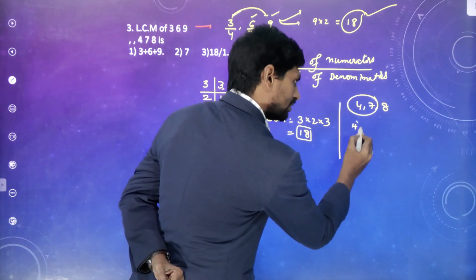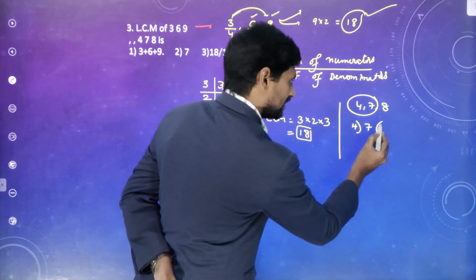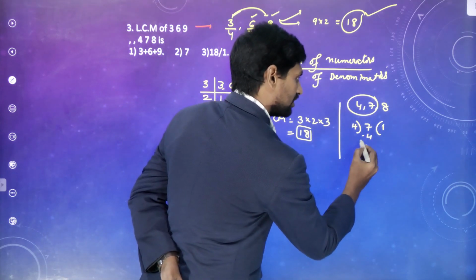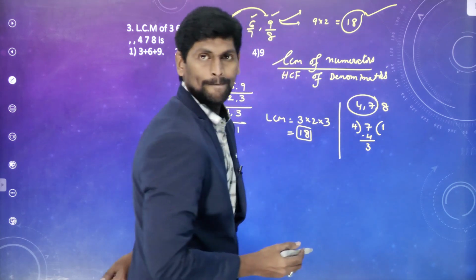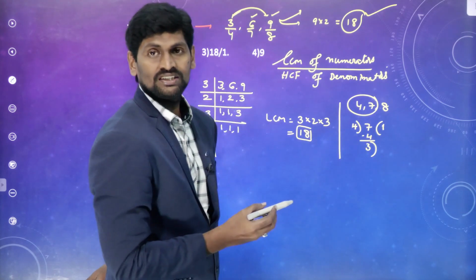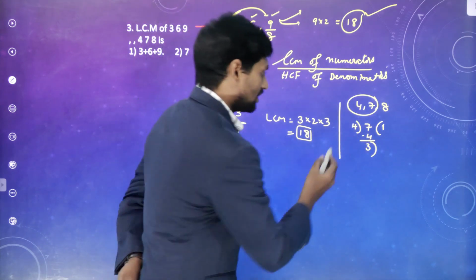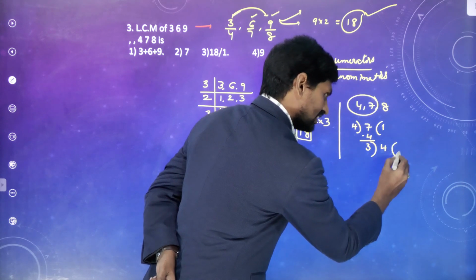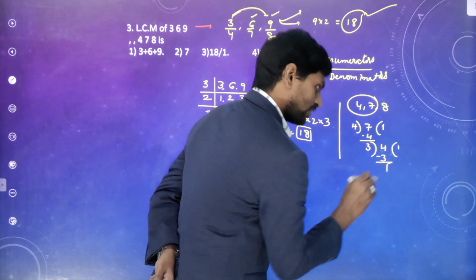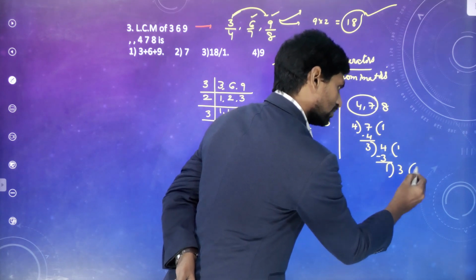Always smaller number as divisor, larger number is dividend. 4 1s are 4, 3 remainder. Continue the division. Now the divisor becomes dividend. That 4 becomes dividend here. 3 1s are 3, again remainder 1. Again second divisor is 3. 1 3s are 3.